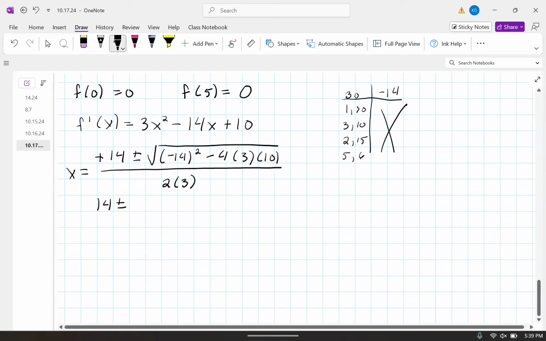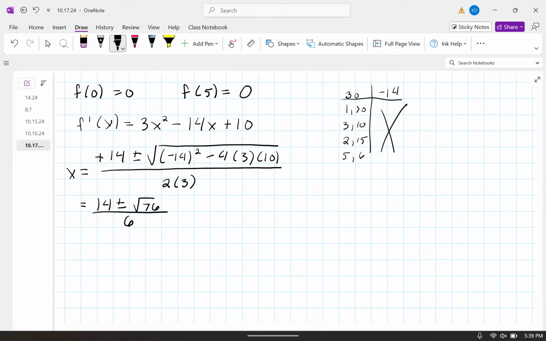Okay, 14 squared minus 4 times 3 times 10. I get 14 plus or minus root 76 over 6.